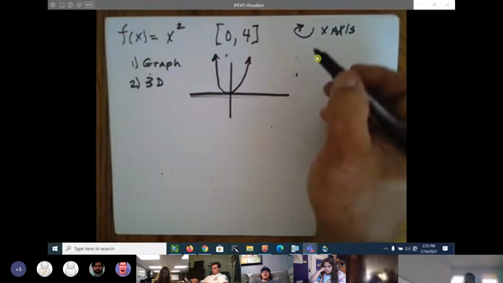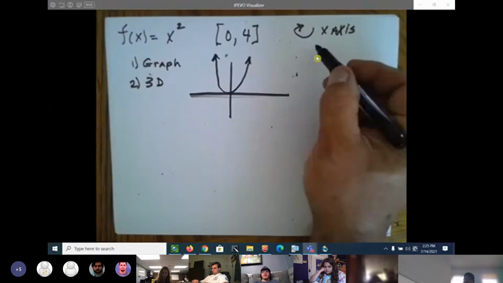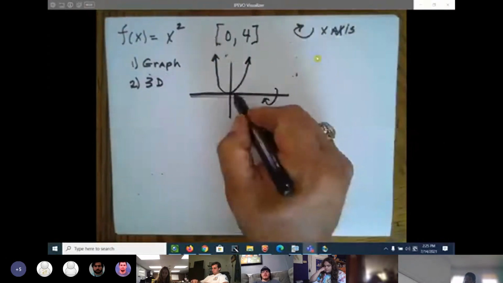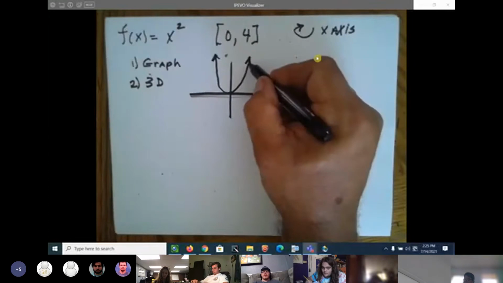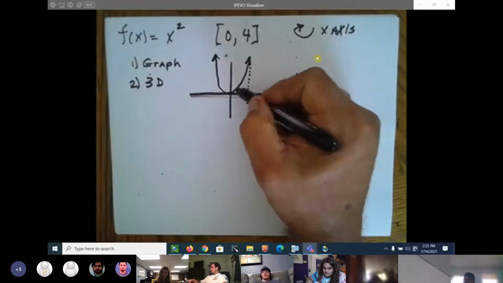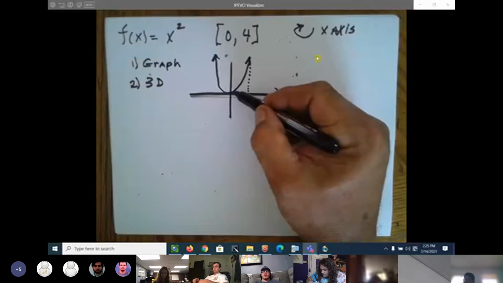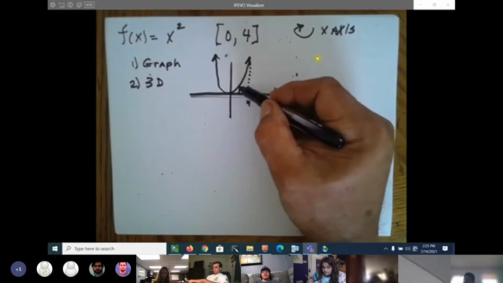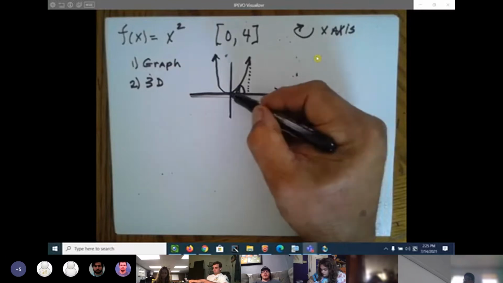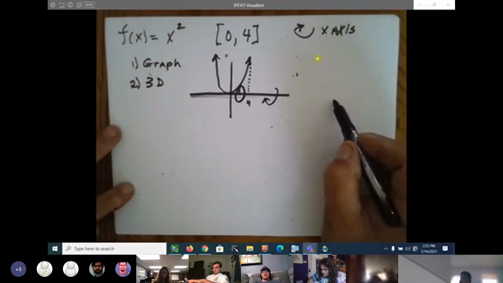But we're going around the x-axis from 0 to 4. So 0 to 4, I'm just exaggerating here. So it looks like this. There's our, going around like that. So it's going to start from here. So it's going to look like this.